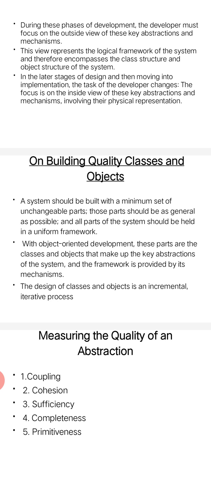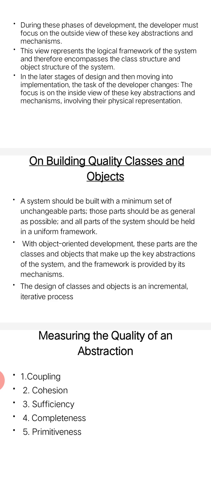While creating a class or an object, some minimum set of objects or whatever is not unchangeable, and that should be represented as general.